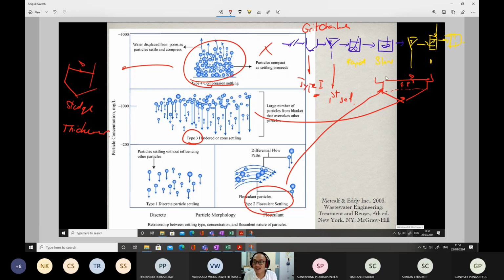What is the sludge thickener? The sludge thickener is the unit operation where we take the particles settled at the bottom of the chamber and put them into another container. So this is called a sludge thickener, and compression settling will only occur in the sludge thickener, not in any of these other unit operations.